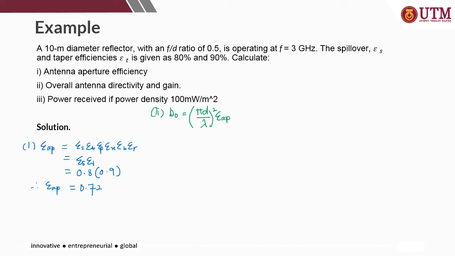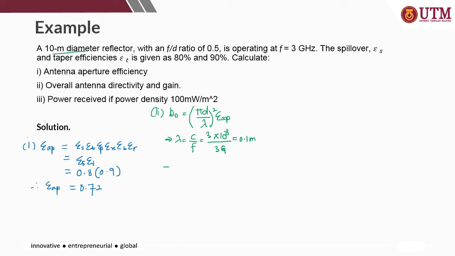In this case, D is the diameter, given as 10 meter, and lambda is not yet calculated, so let's calculate lambda equal to C over F equal to 3 times 10 to the power of 8 over the frequency given, 3 gigahertz, so lambda is 0.1 meter.